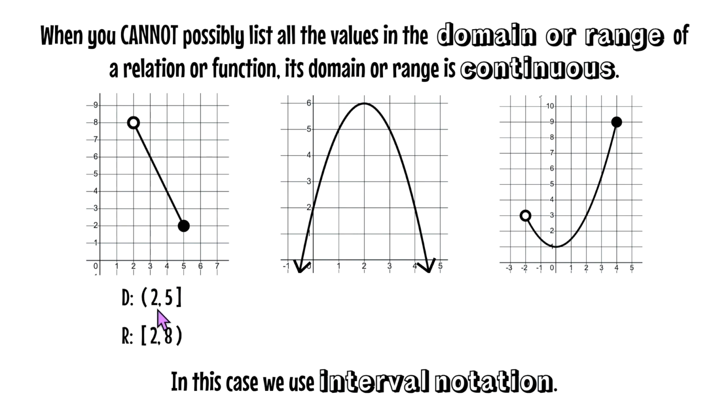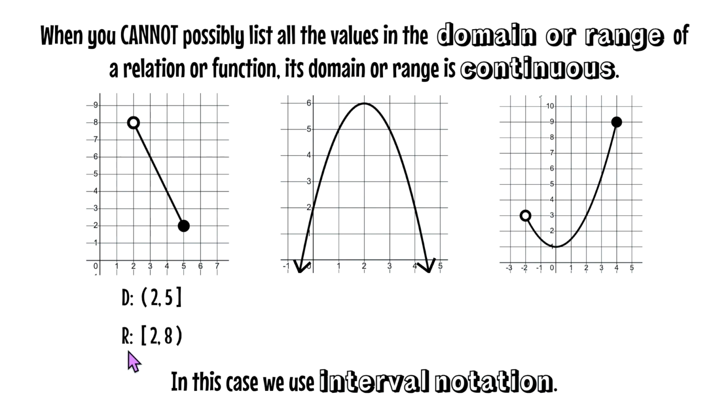And so the lowest value is on the left, 2, and the highest value 5 is on the right. 2 gets a parenthesis because it is an open circle point and not included in the domain, and 5 gets a square bracket because it is a closed circle point and therefore included in the domain.